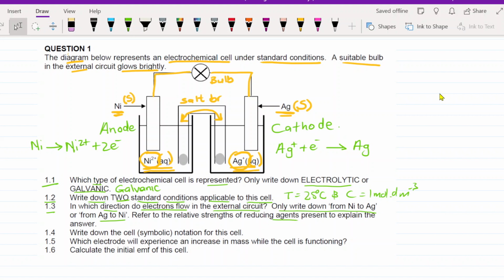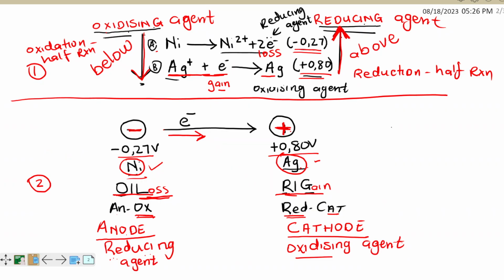Okay, so we choose nickel to silver because we know that the movement of electrons is from nickel to silver. We have seen this from the previous information. Let's look again. Here are the electrons. They are moving from nickel to silver.